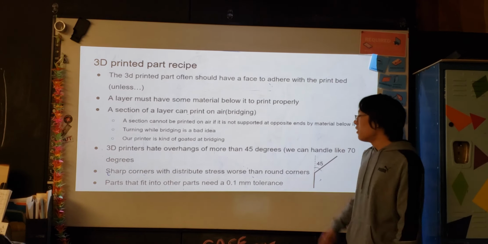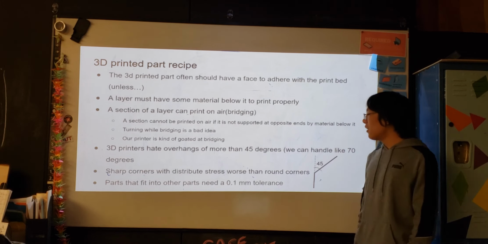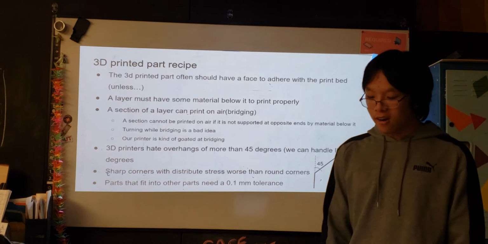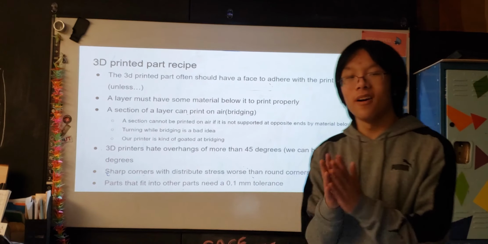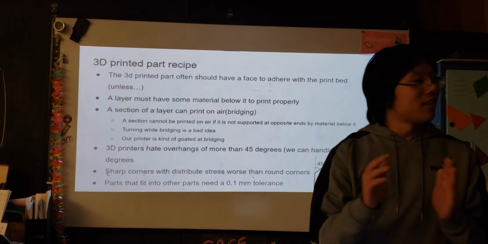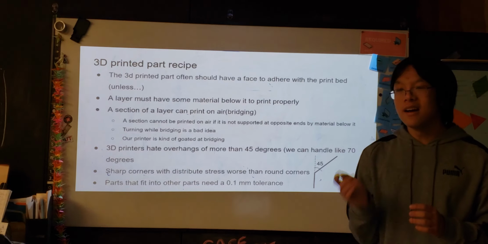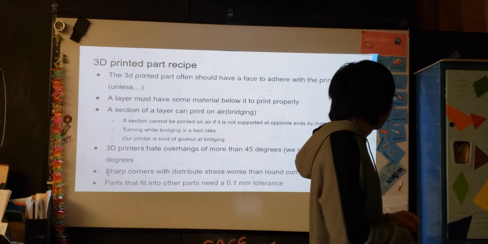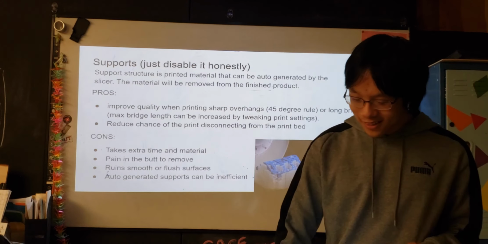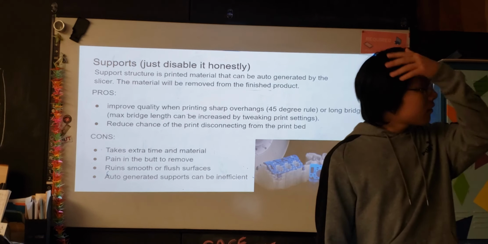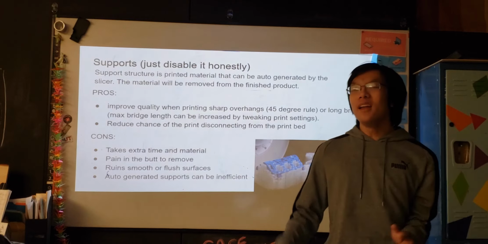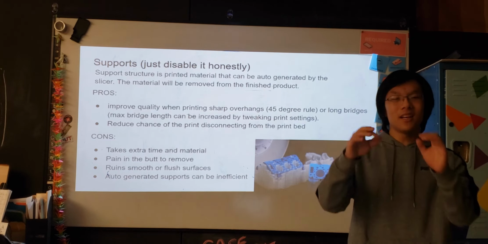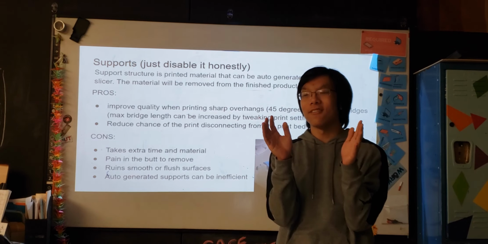Also, parts that fit into other parts need at least a 0.1 millimeter tolerance. That's really important, because last year I was trying to print witches and I needed to post-process them for an hour. To change the tolerance, you need to change your design in the CAD software.